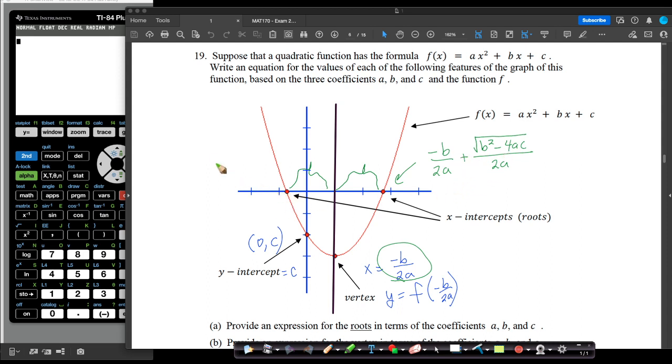This one over here is going to be the same. We start at the same x-coordinate minus b over 2a. But this one we're going to subtract the square root of b squared minus 4ac divided by 2a, because that's the distance. Because this distance here is square root of b squared minus 4ac all over 2a.